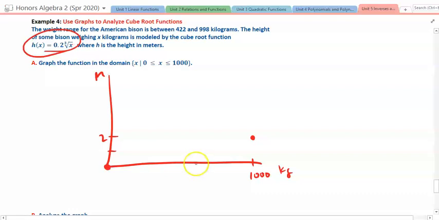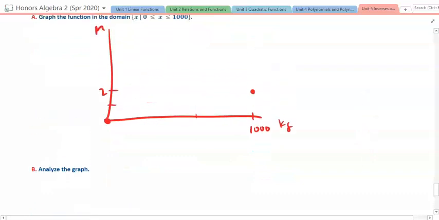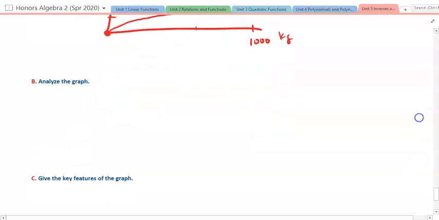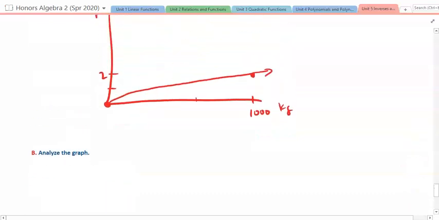So, we can get some particular values as we go along this graph. But they give us 2 values here, the weight range of bison, right? And so that's what we're really looking at, and that's where these problems will continue through. And obviously domain stopped at 1,000, so it would not continue past that point.